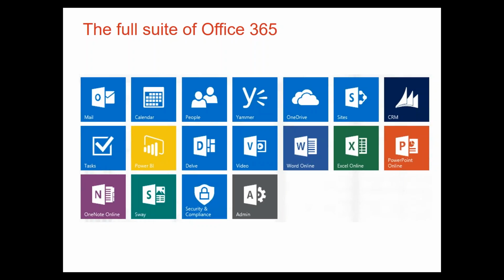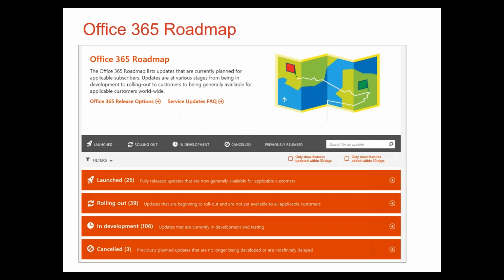So the other thing to remember is Microsoft are continuously rolling out additional products and features and functions as part of this Office 365 package. Now, most of them are free and are included in your E1.